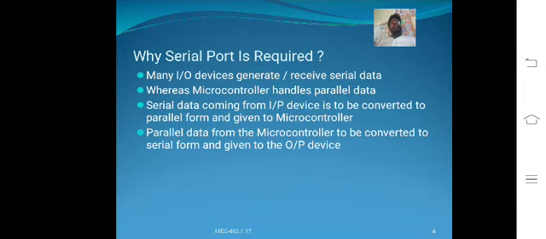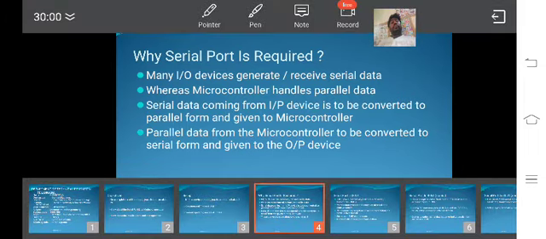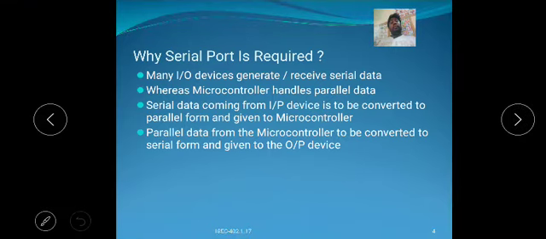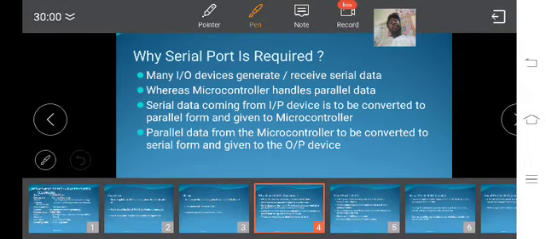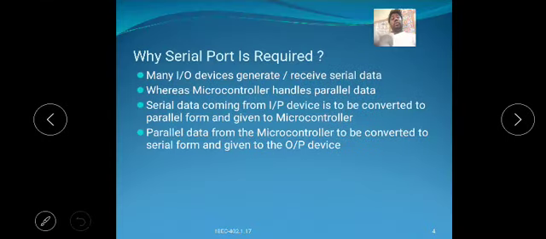Here, these are the input devices, this is the microcontroller unit, and here are the output devices. What happens here?